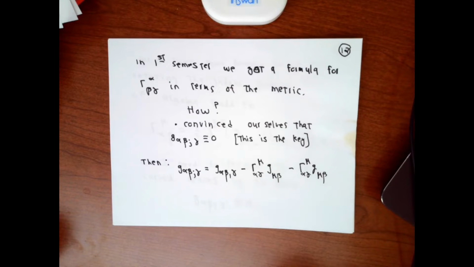Every index that is like a one-form index has a minus Christoffel term. So if a person were to just write out the covariant derivative of the metric tensor, you'll have the ordinary partial derivative, and since you have alpha and beta, there are two terms because you have two one-form like indexes.